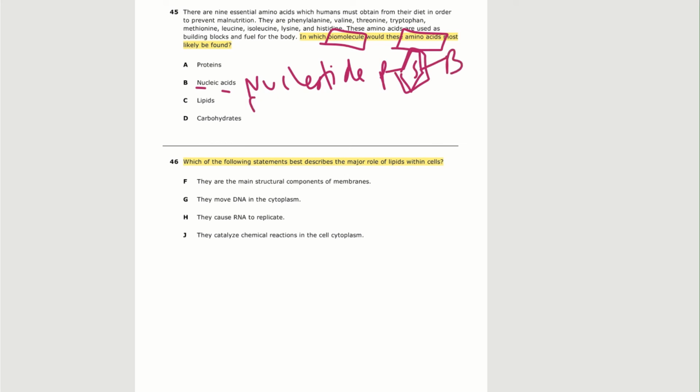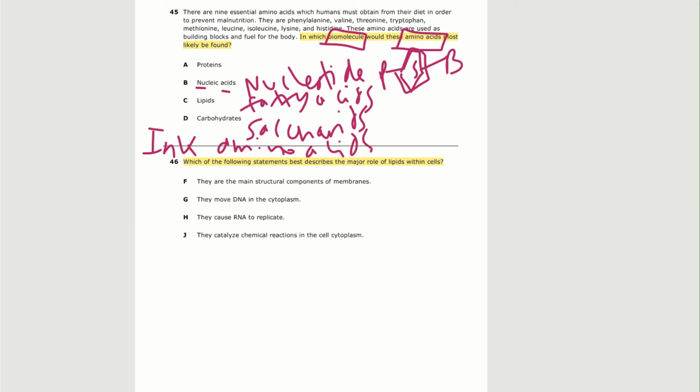Lipids are fatty acids. Carbohydrates are saccharides, right? Or sugars. So the answer would be proteins. I now know amino acids make up proteins.